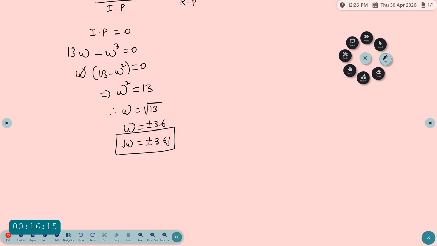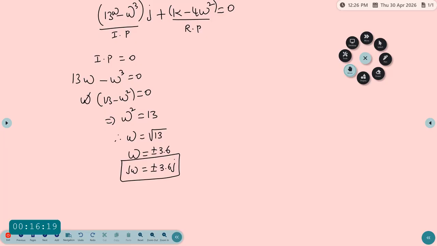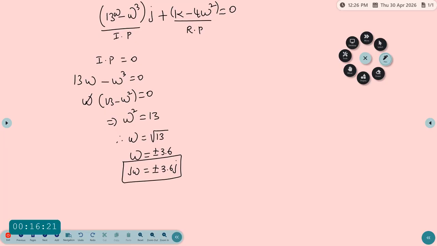Similarly, if we equate the real part to 0, then what will happen? We will have k minus 4 omega square equal to 0. Therefore, we can write k equal to 4 into omega square.